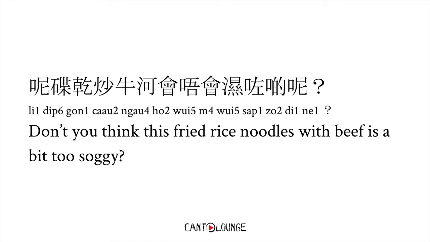Don't you think this fried rice noodles with beef is a bit too soggy? Right? So you'll often hear 會唔會, and then adjective 咗啲 in this kind of structure. Okay. So this is something to just pay attention to. It's not hugely important, but it's nice to know it exists.